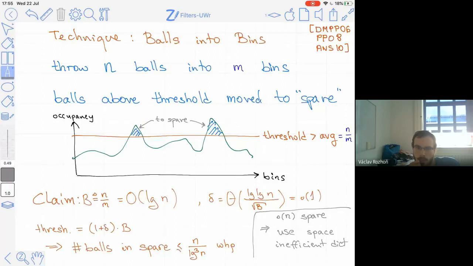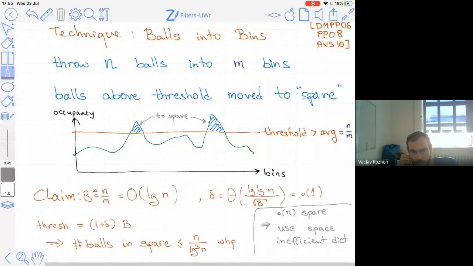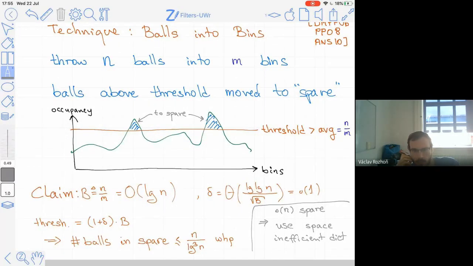Indeed, if you set the parameters correctly, if the average occupancy is logarithmic, and you have some over-provisioning, given by this parameter, which is little o of 1, and you set the threshold to be 1 plus delta times b, then the number of balls in this shaded area, delegated to the spare, will be bounded by n over log cube n with high probability.